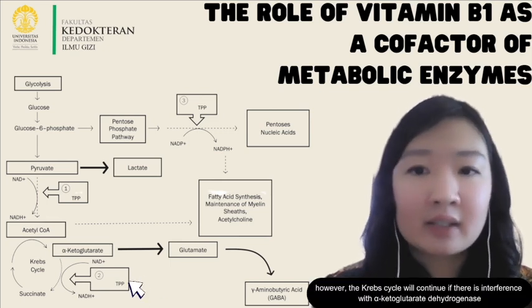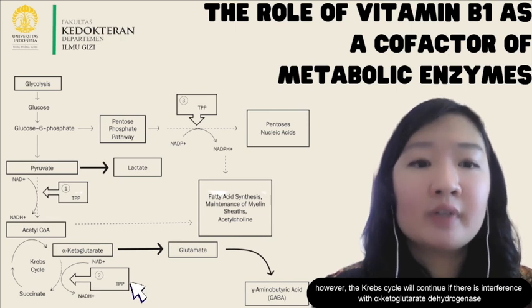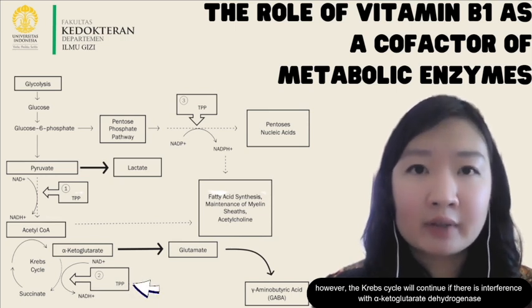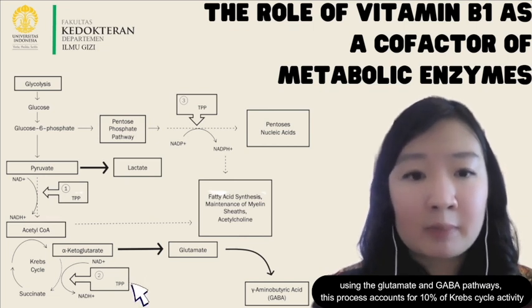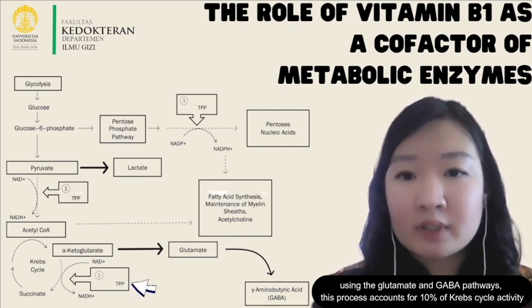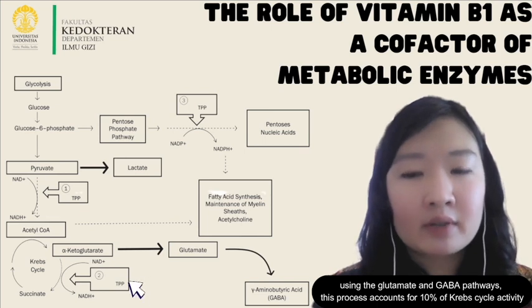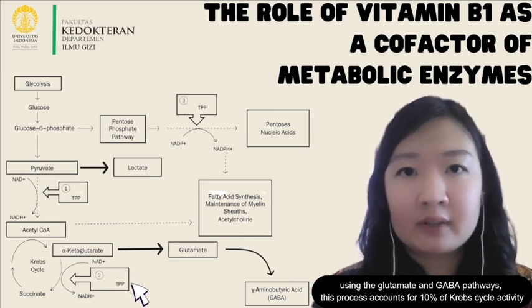However, the Krebs cycles will continue if there is interference with alpha-ketoglutarate dehydrogenase using the glutamate and GABA pathway. This process accounts for 10% of Krebs cycles activity.